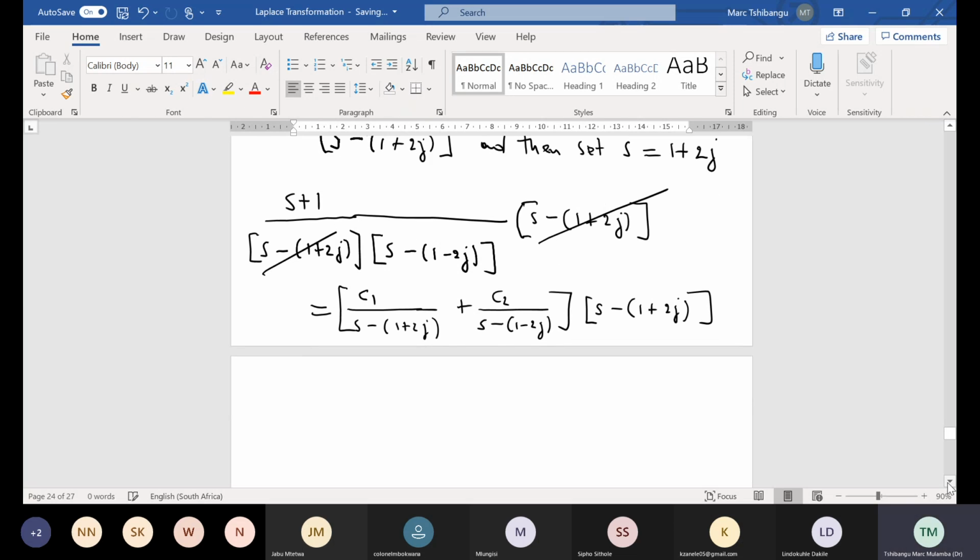So we're going to remain with s plus 1 over s minus 1 minus 2j. And this will be equal to, after distributing, this will fall with that.